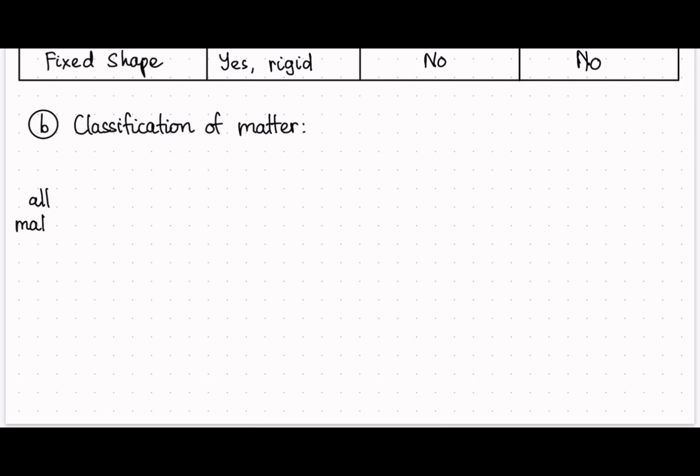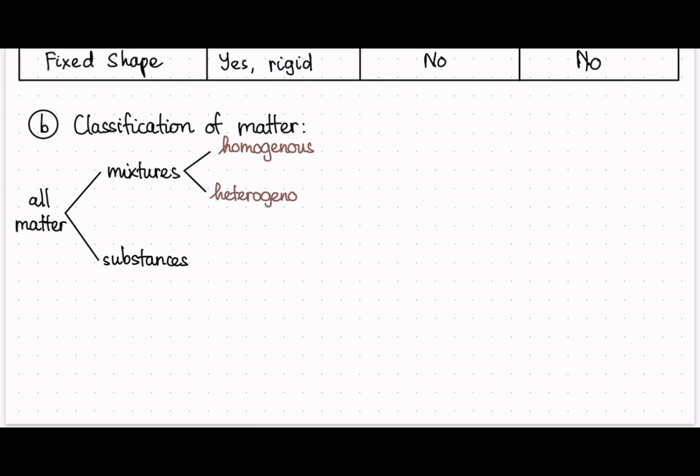Moving on to the second section, classification of matter. All matter can be divided into two types, mixtures and substances. A mixture describes two different substances that are mixed together. There are two types of mixture, homogeneous or heterogeneous.